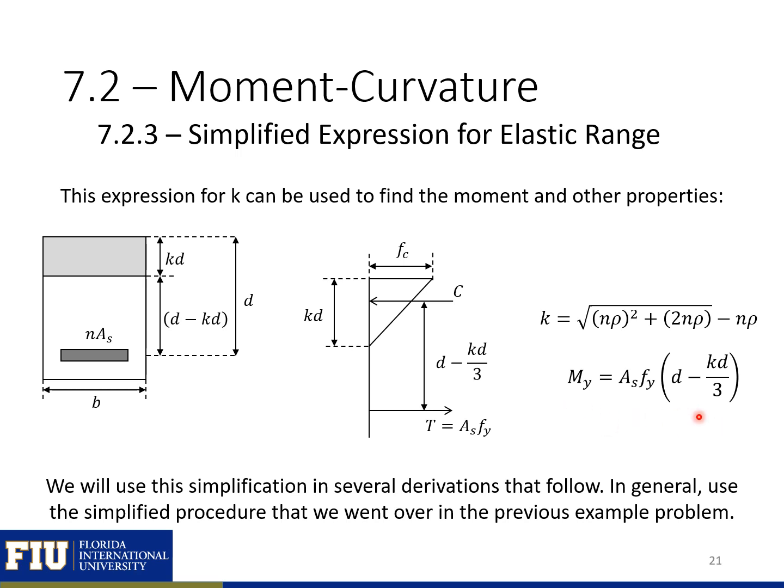So this is a simplified expression to find our yield moment based on a K that we can find using our modular ratio and our reinforcement ratio. We're going to use this simplification in several derivations that follow, so that's why I'm introducing it now. But in general, just use the simplified procedure that we went over in the previous example problem. It's a little more straightforward and transparent than using these expressions here.